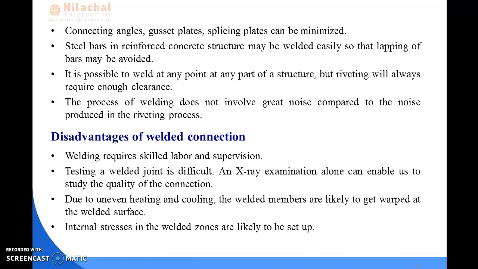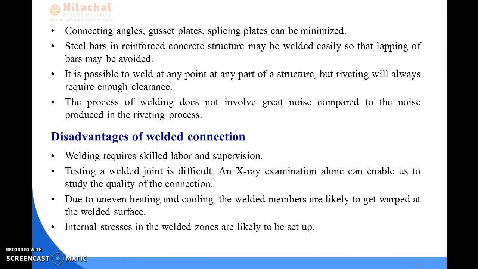The distance should be properly provided in case of plate section while we provide a bolting connection. But in case of weld connection, we don't need to provide any kind of distance like pitch or edge. So it is more efficient for the welded connection.